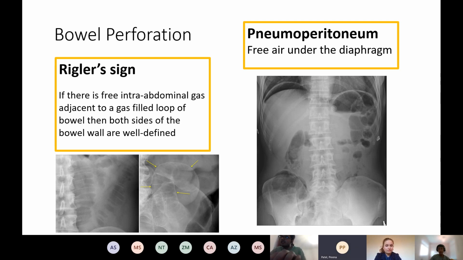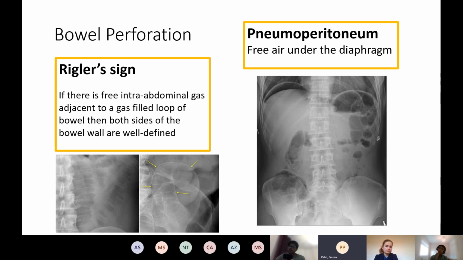Yeah, I can see it. Okay, so we're on the right-hand picture now. Start with one of the arrows, start with the inside of the bowel, look at the edge where you see it go from black to white, and then keep following the white. You won't have to follow it for very long before you see it go black again. Does that make sense? Or more sense, I guess.